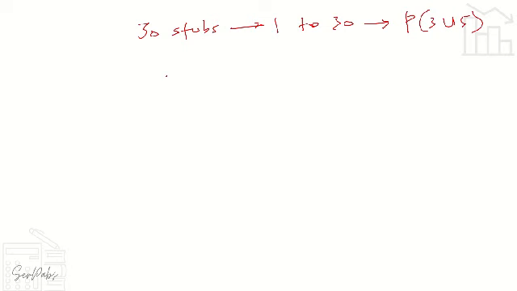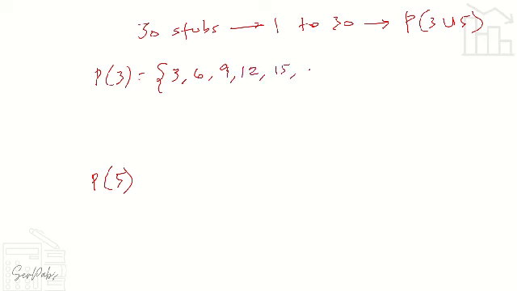Ang una natin kailangan gawin, hanapin muna natin yung probability na ang mabubunot natin ay multiples of 3. And then, pangalawa, hanapin natin ang probability na ang mabubunot natin ay multiples of 5. So, ano-ano ba yung mga stub na multiples of 3? Syempre, that is stub number 3, 6, 9, 12, 15, 18, 21, 24, 27, and then 30.